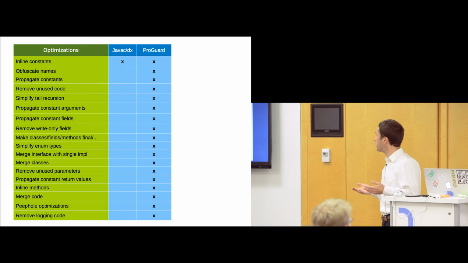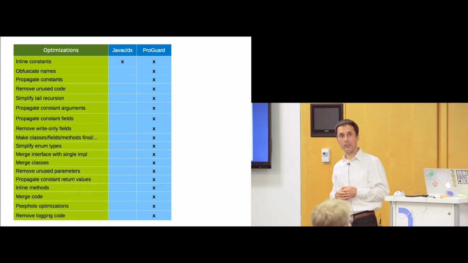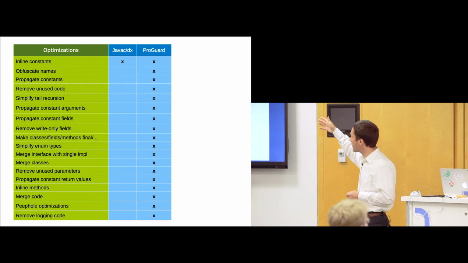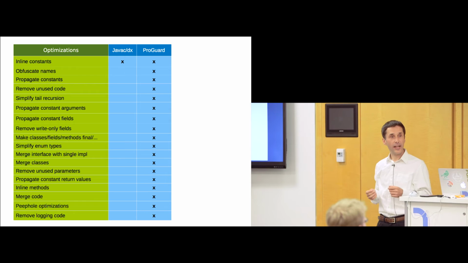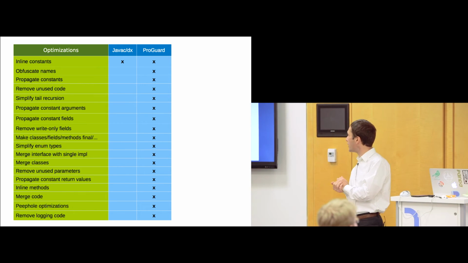And that's why there's room for a project like ProGuard, which can add all of these optimizations. This is a somewhat simplified list, but there's a whole set of things that you can do to bytecode, and that still has an effect on the performance of the application.